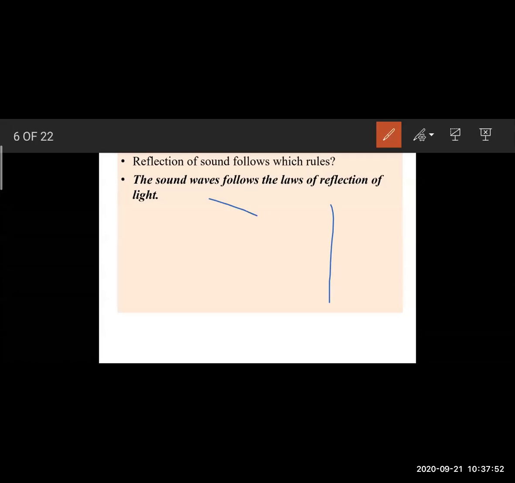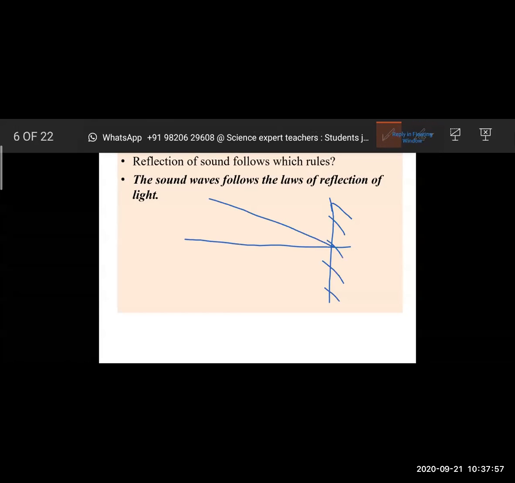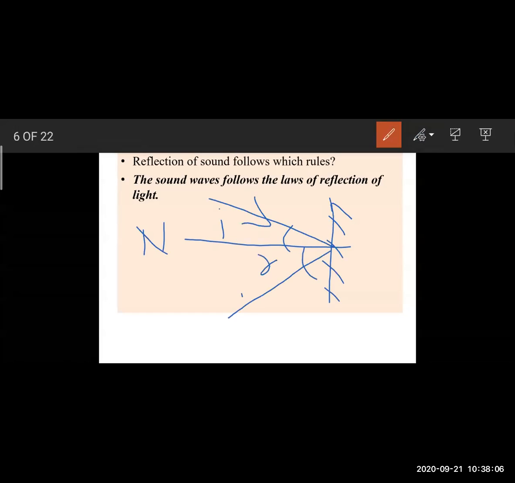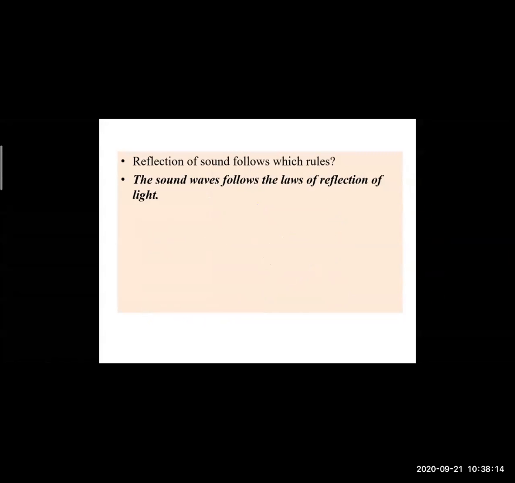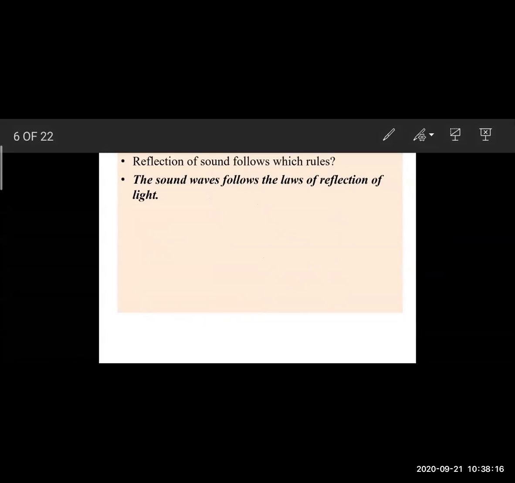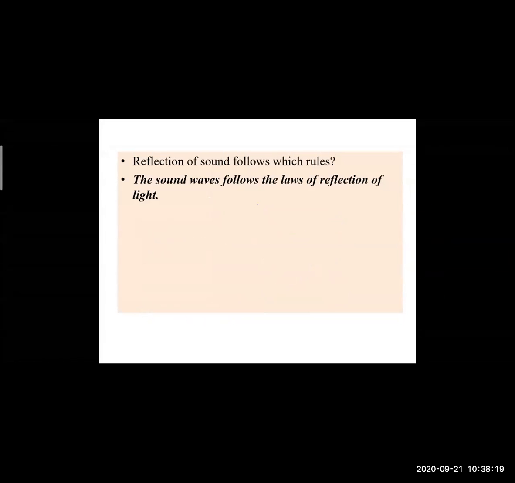If the incident ray is falling on a surface and we draw the normal here, the angle made by the incident ray, angle I, is equal to angle R, the angle of the reflected ray. So that was the first rule, and it is applicable here also. The second rule was that the incident ray, reflected ray and the normal are all in the same plane.